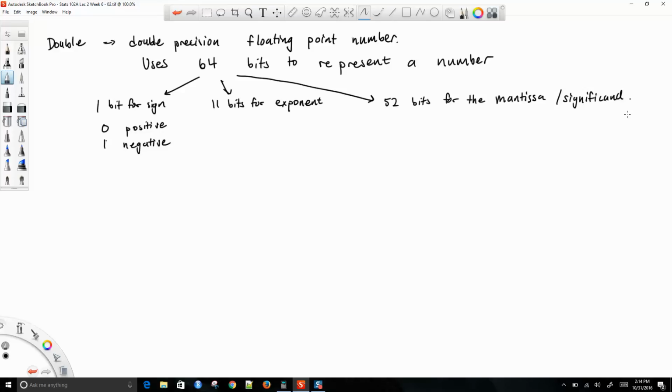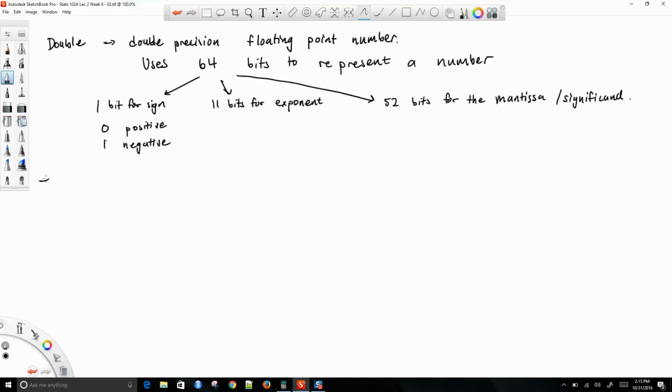Now, trying to do this lesson with 64 bits would just be too complicated. So for a teaching example, I'm going to simplify this, and we're going to use 8 bits to represent numbers. It's almost exactly the same as this IEEE 754 standard, except I'm just using 8 bits, but we'll use the same concepts.